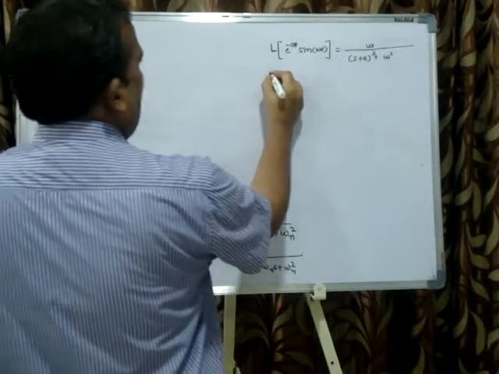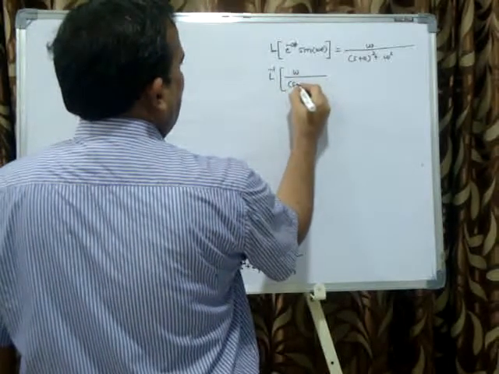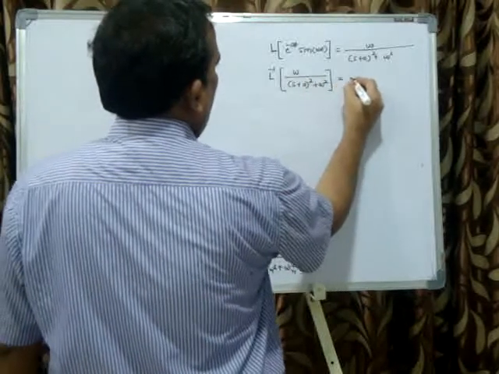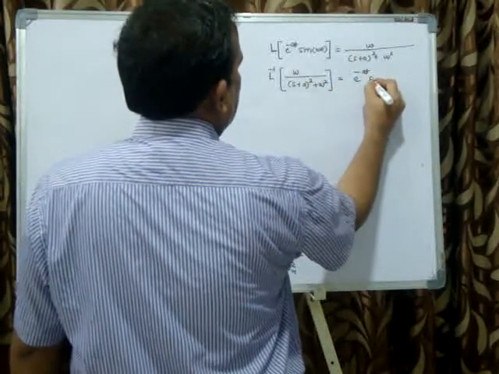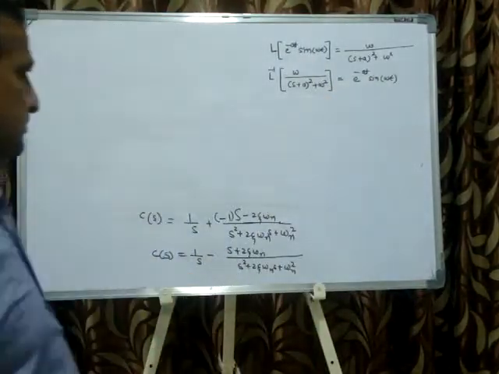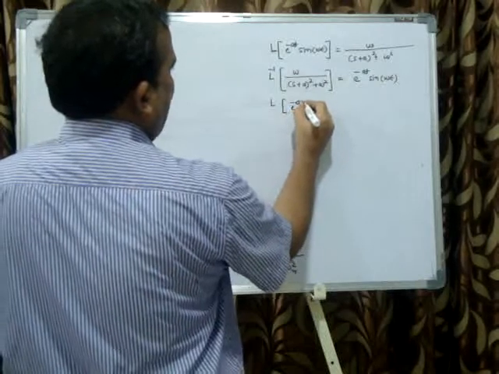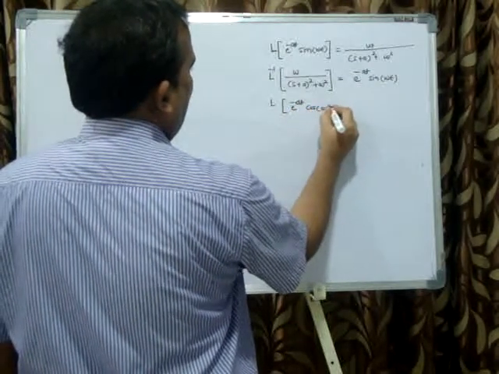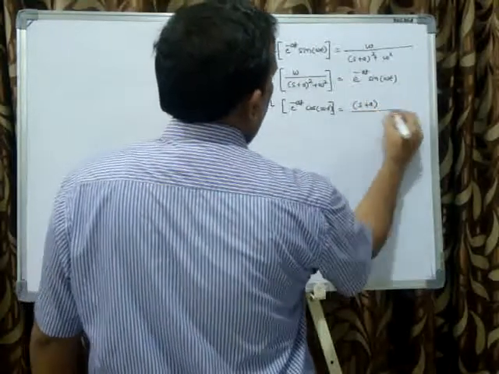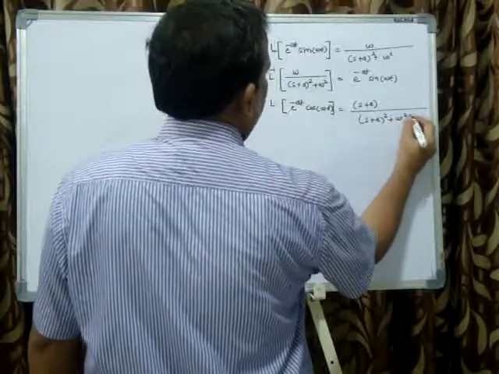Otherwise, Laplace inverse of omega divided by s plus a whole square plus omega square equal to e raised to minus a t sine of omega t. Otherwise, Laplace of e raised to minus a t cos of omega t equal to s plus a divided by s plus a whole square plus omega square.